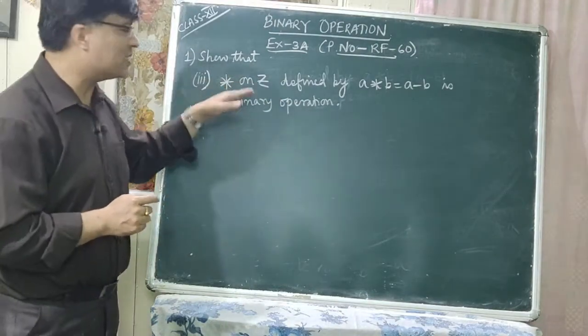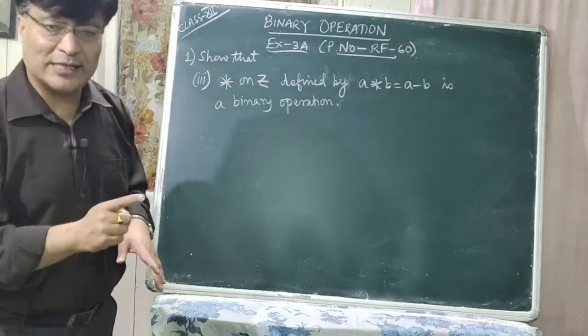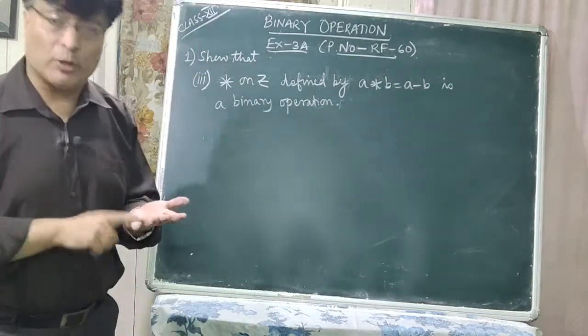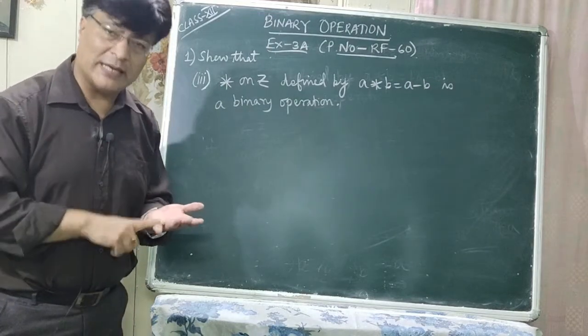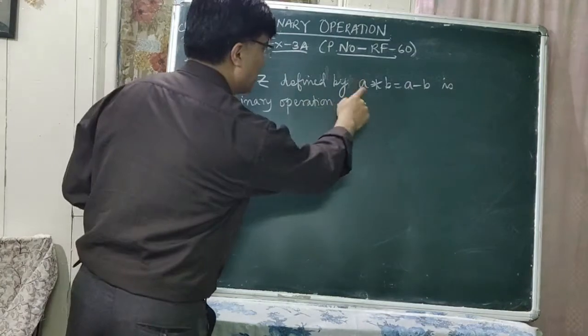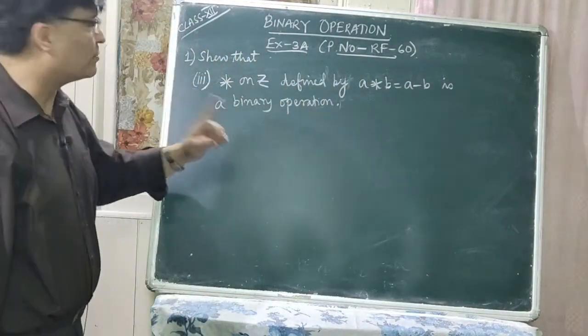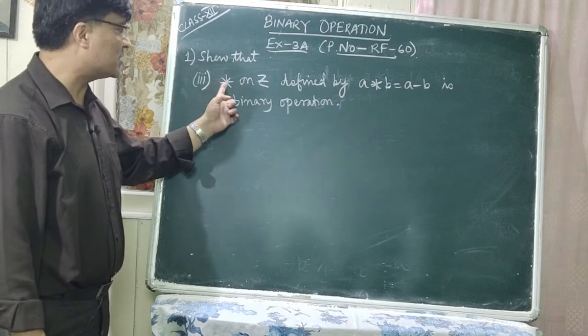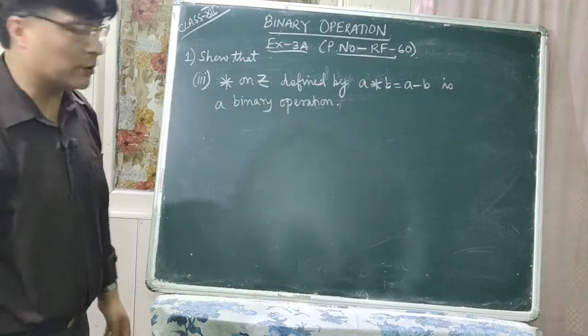But only Z is given here. So this Z is the set of integers. It may be positive integers, it may be negative integers, including 0. Okay, so it is defined by A star B is equal to A minus B is a binary operation. You have to prove that this star is a binary operation.